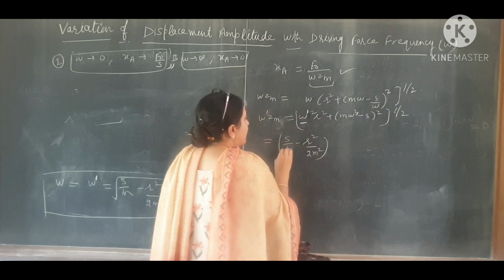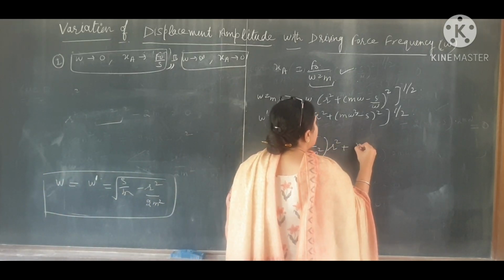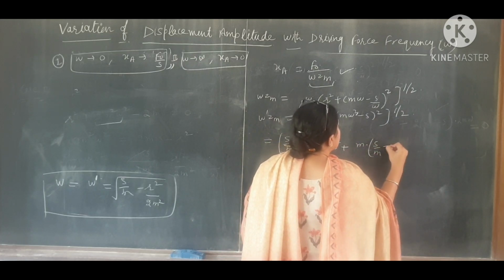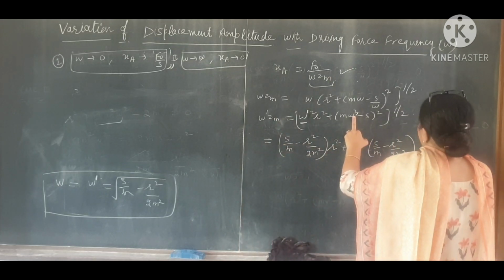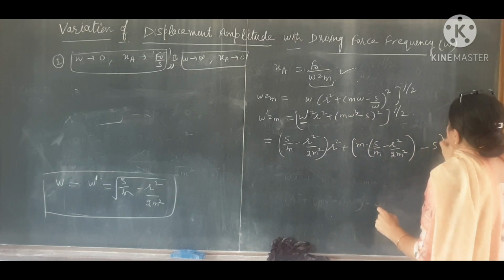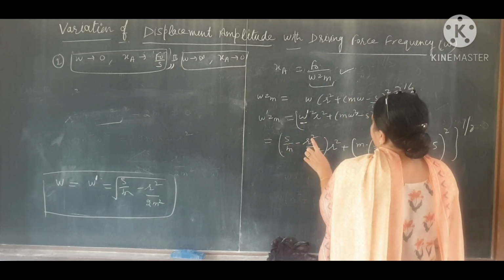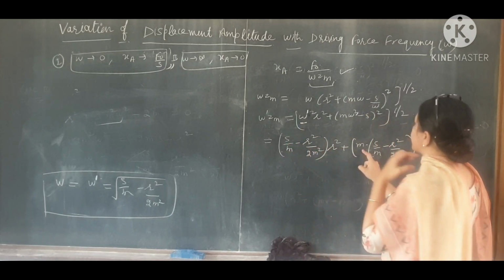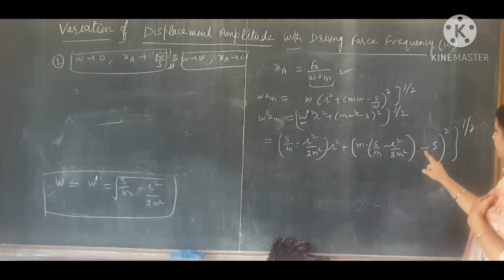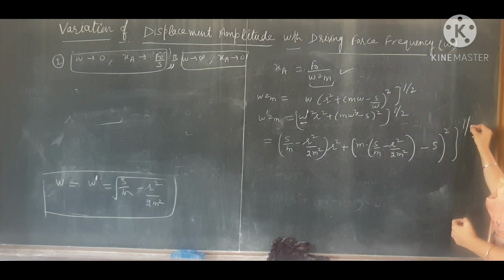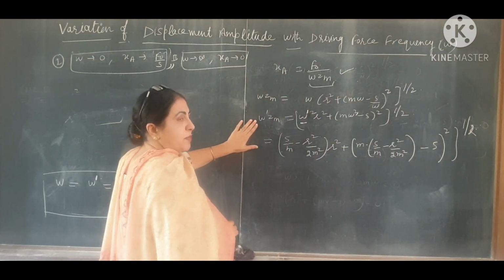Putting this value here, we get under root: (s over m minus r square over 2 m square) into r square plus m into (s over m minus r square over 2 m square) minus s, whole square, raised to power 1 by 2. So this is omega dash Z m.